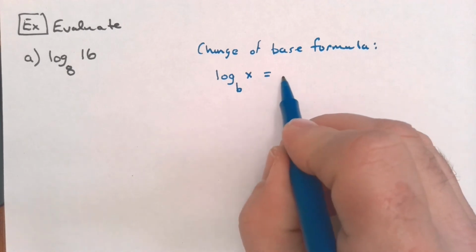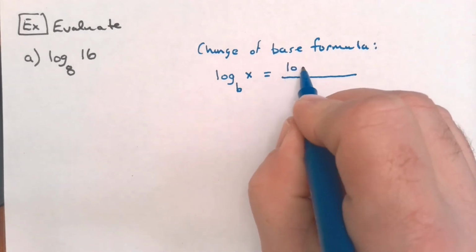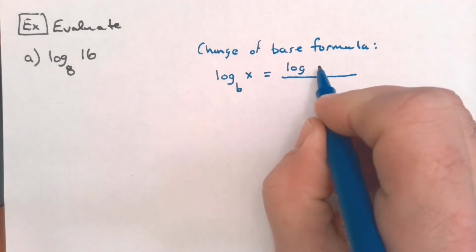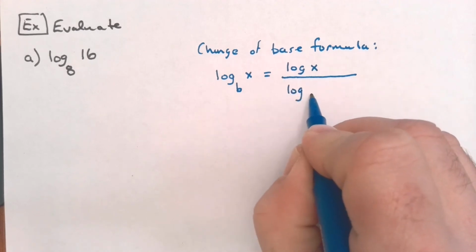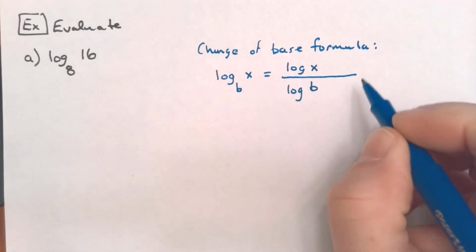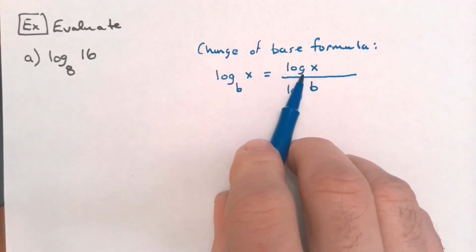So how do you use the change of base formula? Well, it ends up being a fraction. And you can do log of x over log of b. So again, the log that's here is log base 10.